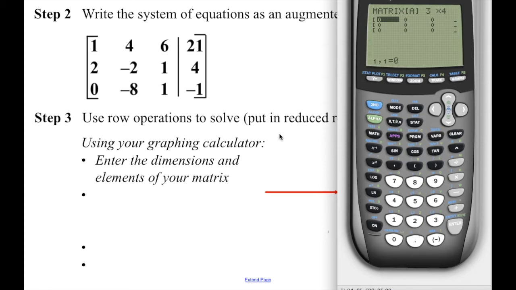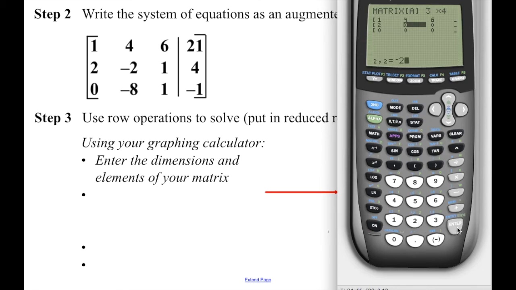So right now you can see what's highlighted is row 1, column 1, and that element is 1, so you can enter a 1. Then row 1, column 2 is a 4, row 1, column 3 is 6, row 1, column 4 is 21, and then just continue on. Then we want a 2. Now be careful here, -2: remember you have to use this key for the negative, not the minus sign, or it'll give you an error.